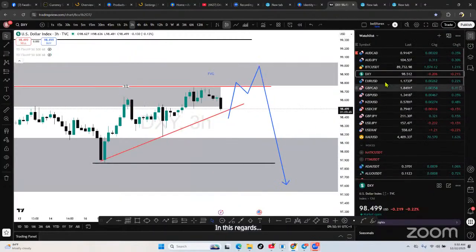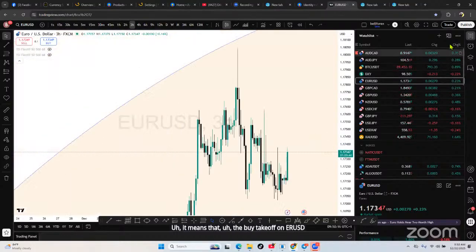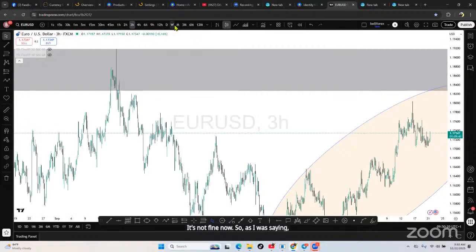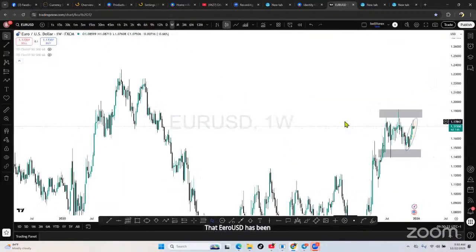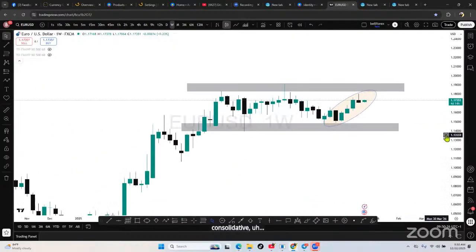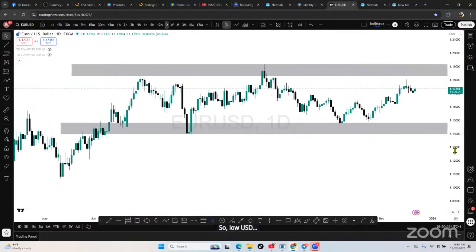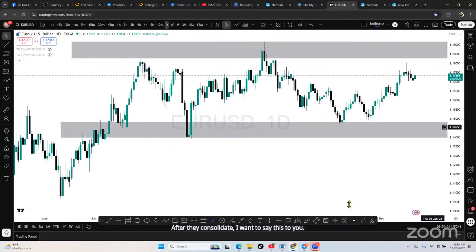In this regard, it means that the buy takeoff on Euro USD is not final. So as I was saying, Euro USD has been caught within a consolidative movement. So this is a clear view of what I'm talking about. So Euro USD est en train de consolider entre ces deux structures.